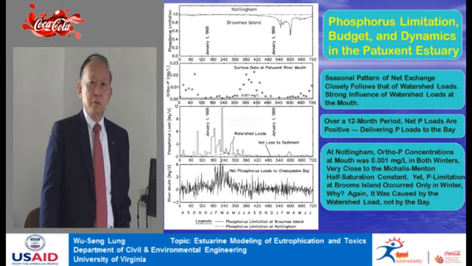This is phosphorus. We look at phosphorus limitation, budget, and dynamics. Phosphorus, 2 years, 0 to 120 days. This is phosphorus limitation. Remember, that is the phosphorus that takes that nutrient.